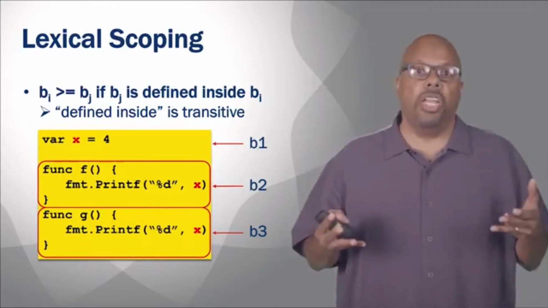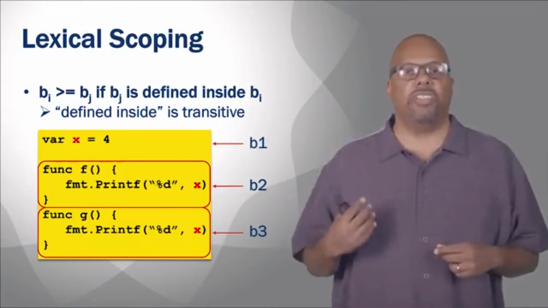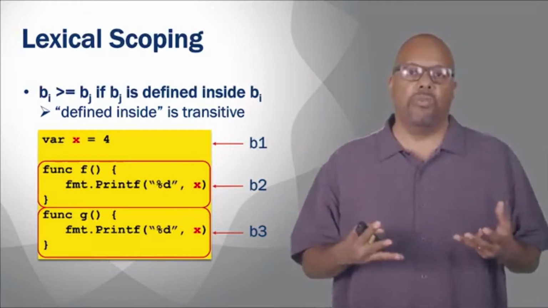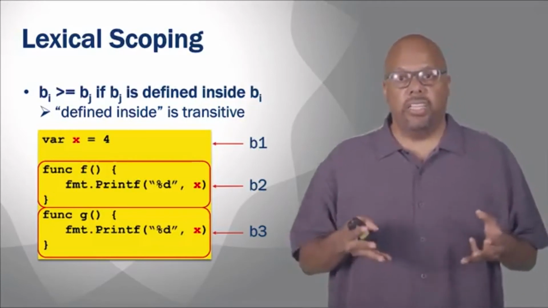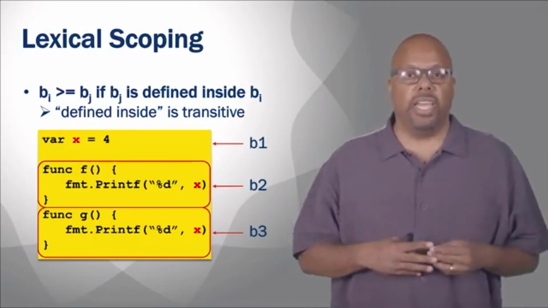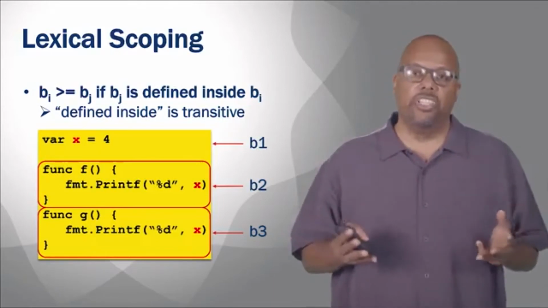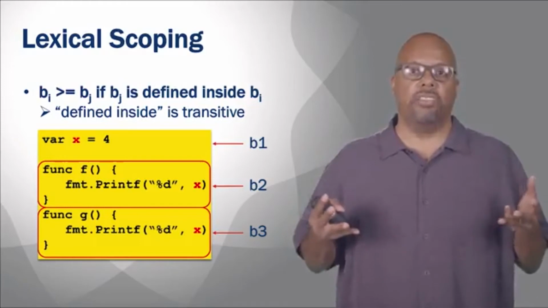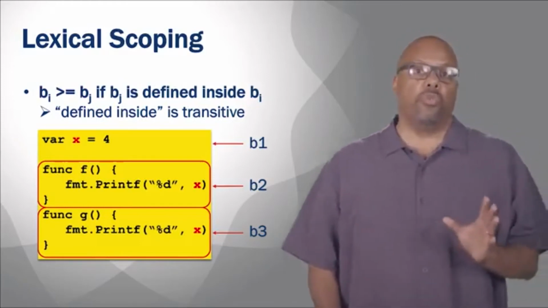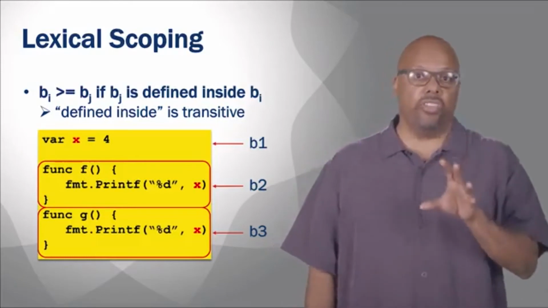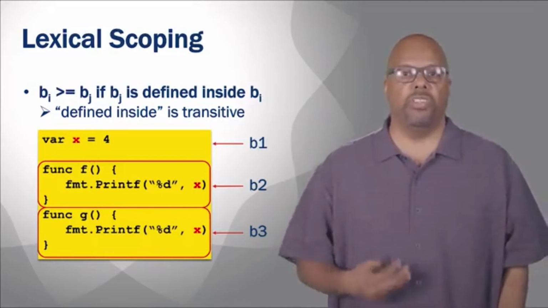That would be B1, and it would look inside B1 and find a definition of x there, and that's the definition of x that it would use. Same goes for B3. The function g uses variable x. First it looks inside its local block, B3. It doesn't see it, so it looks inside the next bigger block, B1, and it sees it there. That's why this code will work. The x will be resolved properly to that x equals 1, the variable we defined inside B1.